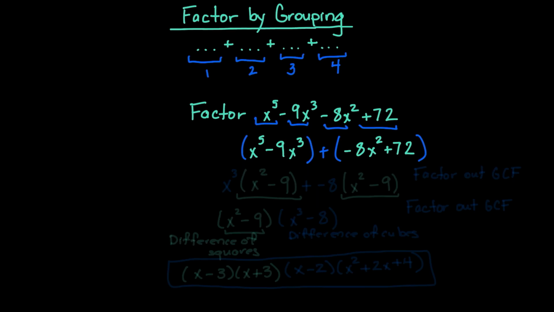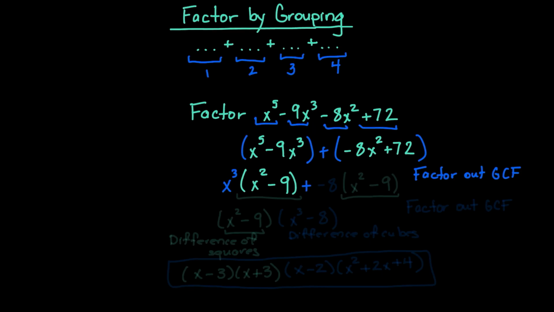Okay, so we know first step, always factor out the GCF of each grouping. In my first grouping, 1 and 9 are relatively prime. And between x to the 5th and x cubed, we're going to factor out x cubed. And we're left with x squared minus 9.